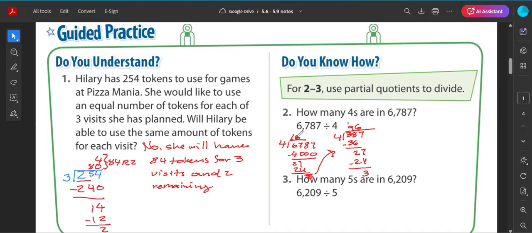So I have 1,696 as my whole quotient. So 6,787 divided by 4 equals 1,696 with the remainder of 3.